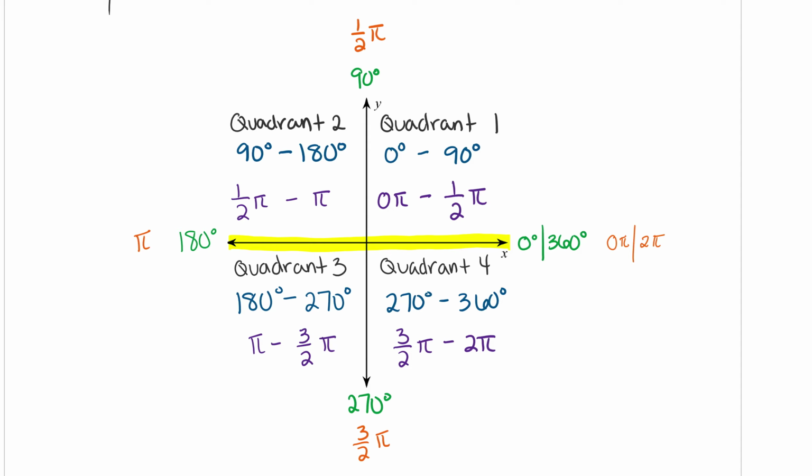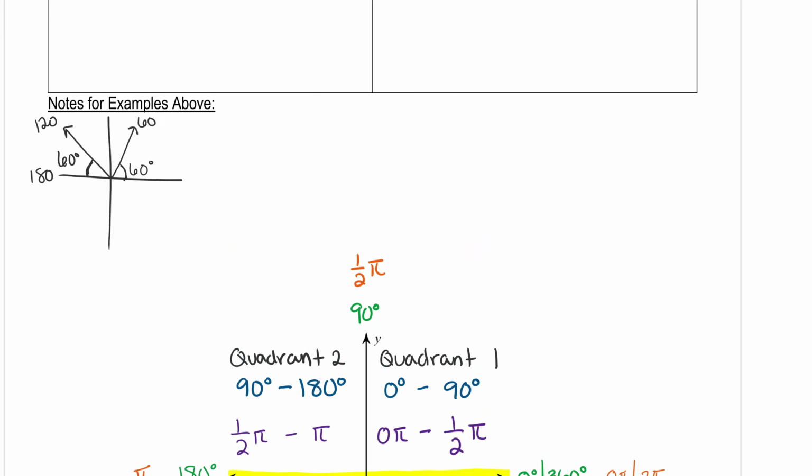Or if it's radians, I should only be going to 0 pi or 2 pi or pi. Okay, so I'm not going to the y-axis at all, I'm going to the x-axis. So you got to figure out what quadrant you're in, and then you go to either the left side, pi 180, or the right side, 0 360 or 0 pi 2 pi. Now, if that sounded confusing, I apologize. Hopefully the examples will help.